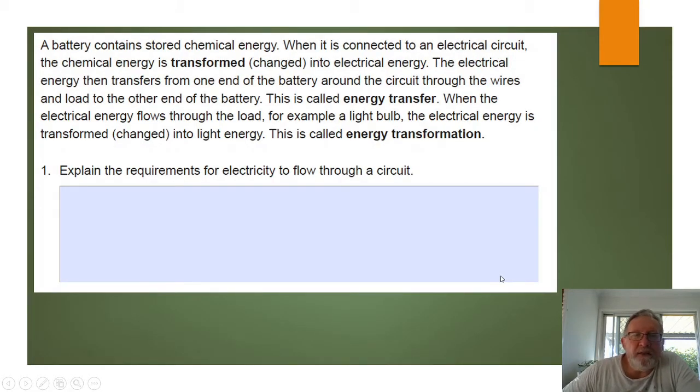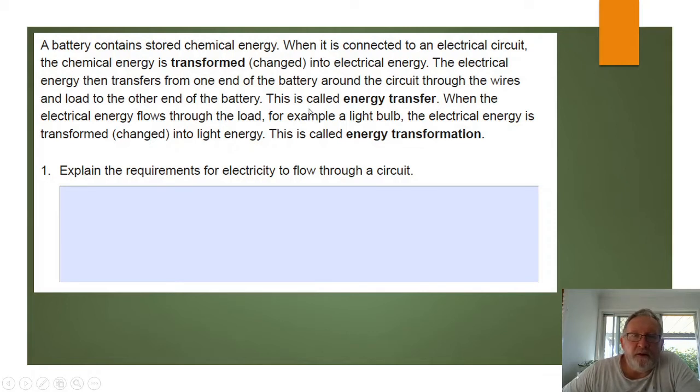So a battery contains stored chemical energy, and when it's connected to an electrical circuit, the chemical energy is transformed or changed into electrical energy. The electrical energy then transfers from one end of the battery around the circuit, through the wires and the load to the other end of the battery. Now that term is called electrical transfer.